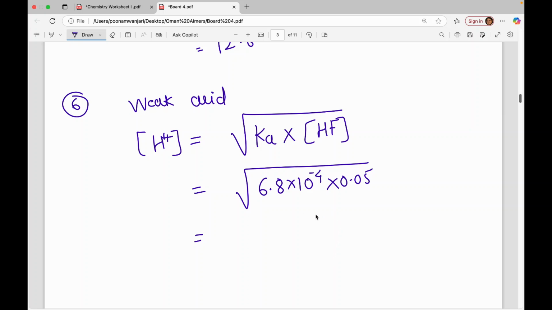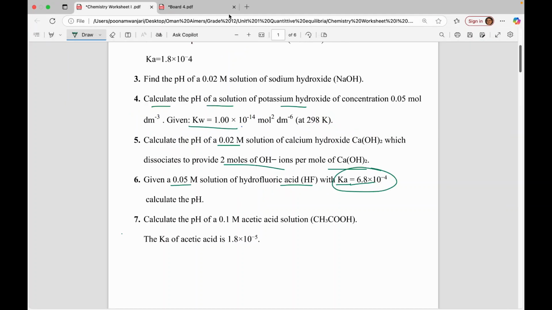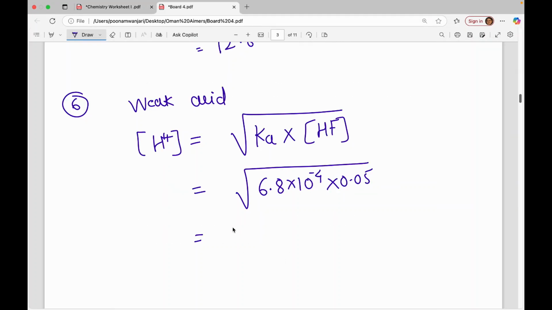So directly you can calculate, students. Just let me check one more time. 6.8 into 10 to the power minus 4 into 0.05. So 5.83 into 10 to the power minus 3.